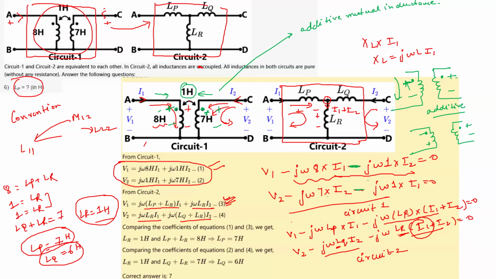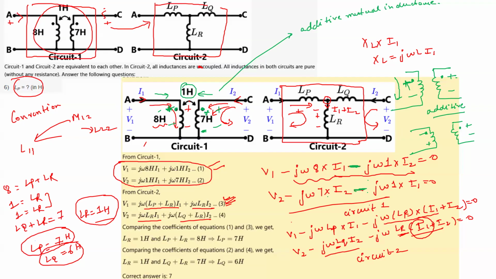From the same logic, because this is additive polarity. If the positive is here, positive effect also comes here due to mutual, and negative comes down. So in the direction of current, this mutual inductance is also having a drop in the potential.